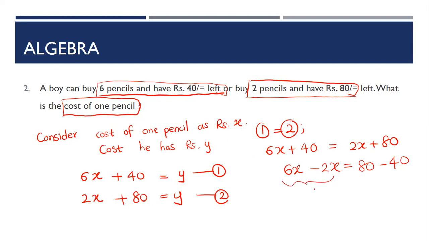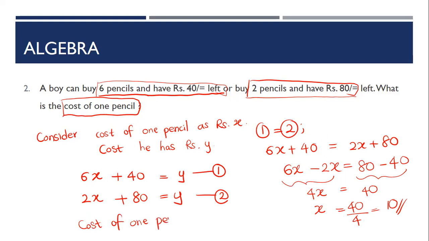So 6x minus 2x is 4x, and it is equal to 80 minus 40 which is 40, and x is 40 divided by 4, and it is 10. So finally we can say the cost of one pencil is 10 rupees.